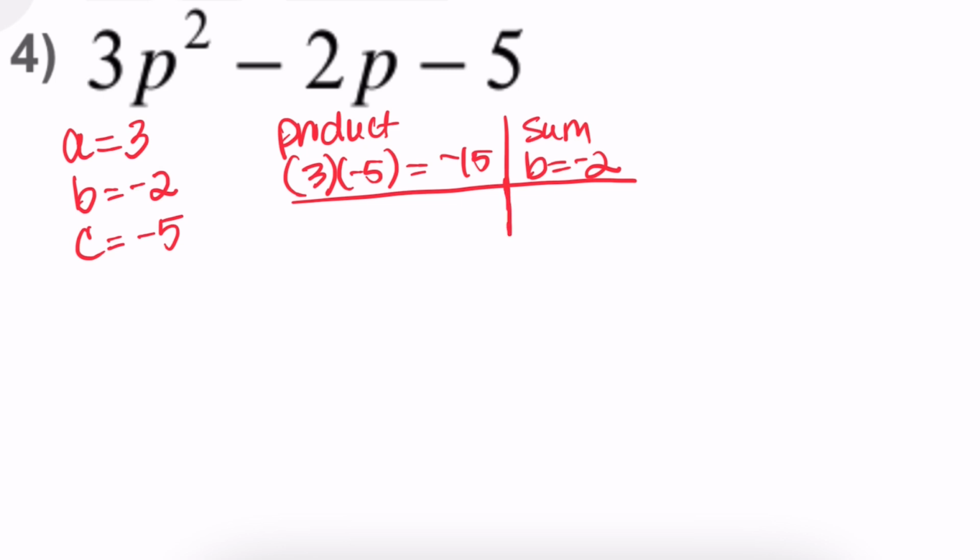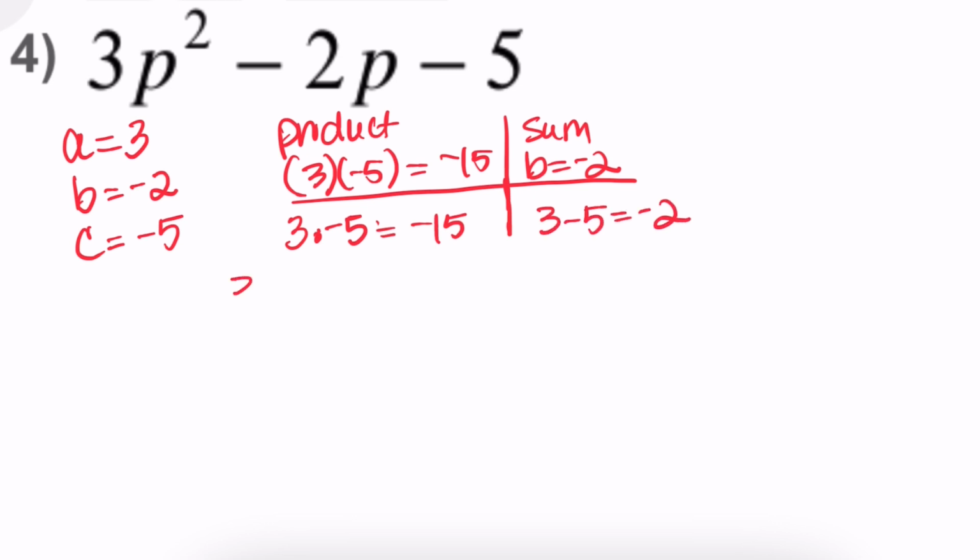So the combo here should be the same thing, actually. 3 times negative 5. Whoops, hold on. Getting ahead of myself. 3 times negative 5 is equal to negative 15, but 3 minus 5 is negative 2.